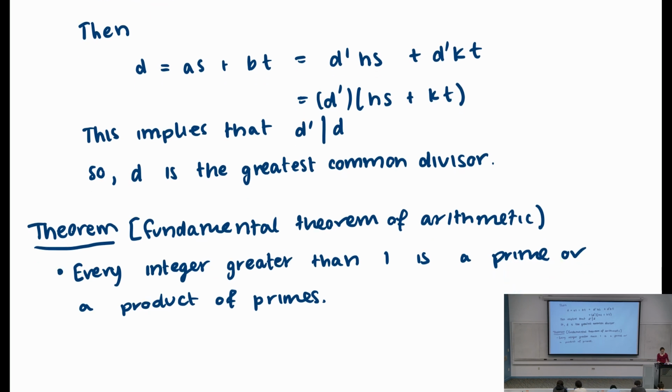So that's the first part, and then the second part is that this product is unique, up to possibly reordering the primes, but the set of primes and the multiplicities of them is unique.